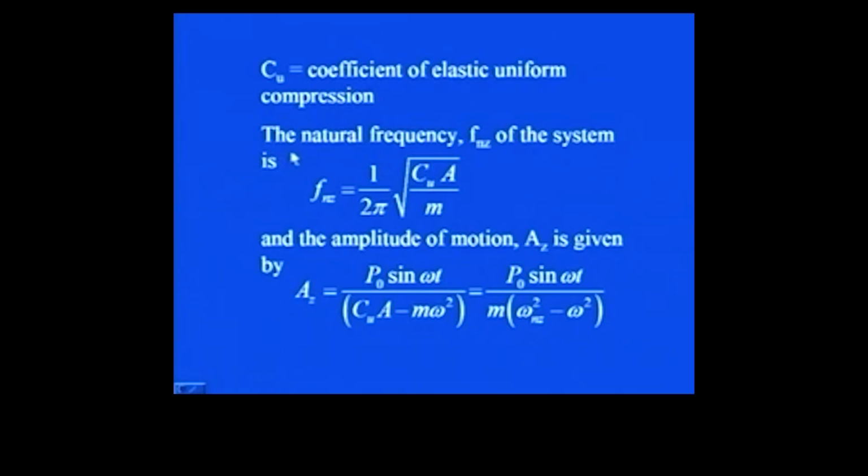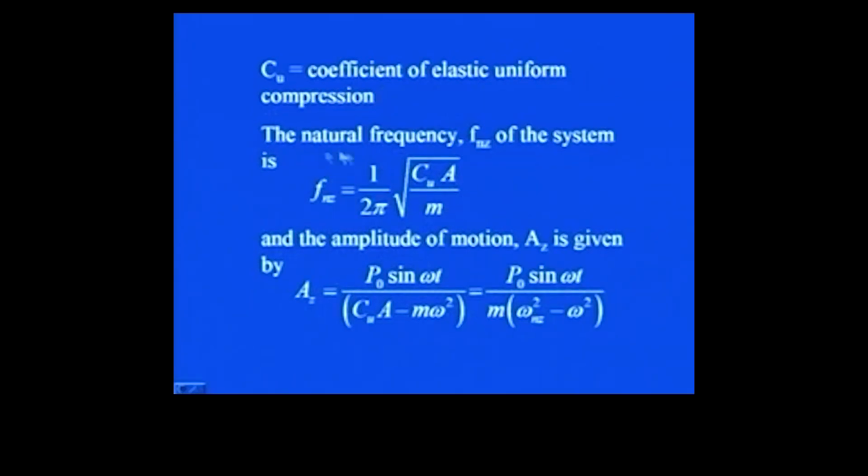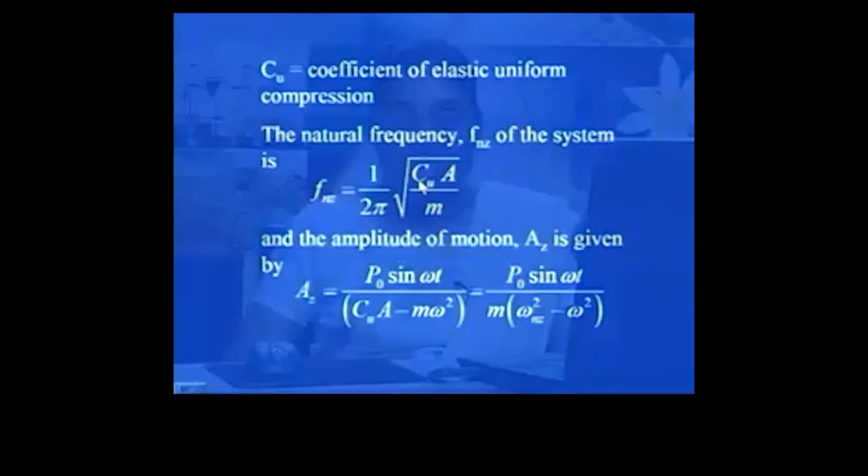So, in this case if you try to solve this particular equation, as we have already done in the first few lectures, then you will get the natural frequency of the system, which is f n z, as 1 by 2 pi square root of Cu into A by m. This is similar to the force system in the absence of damping.